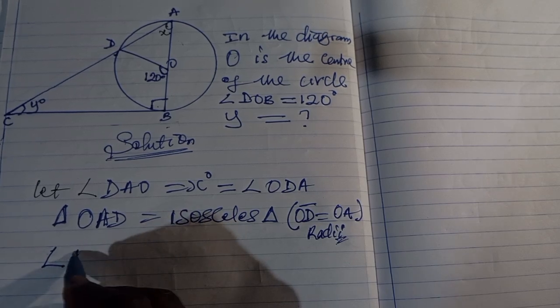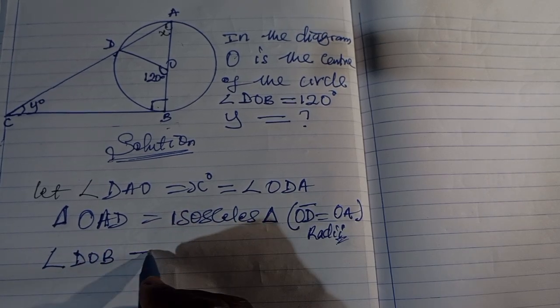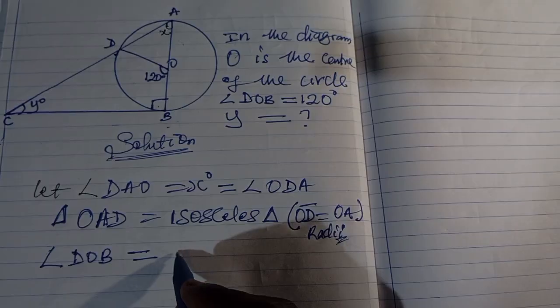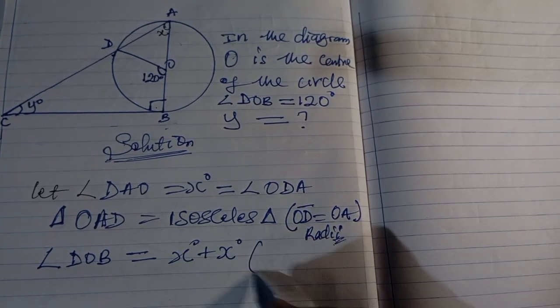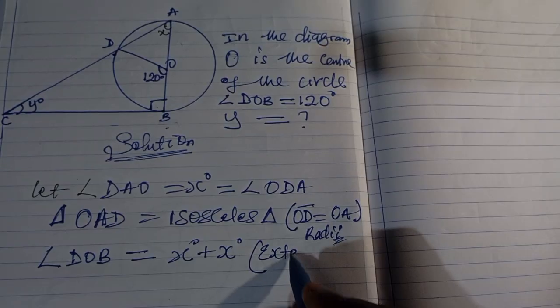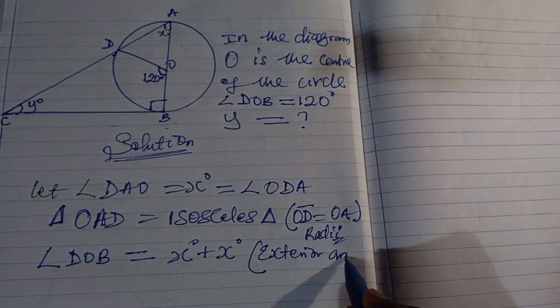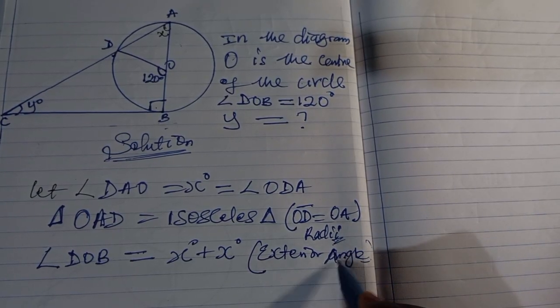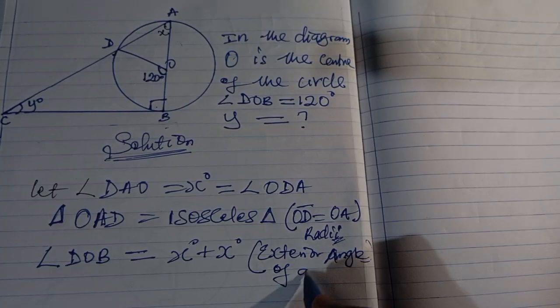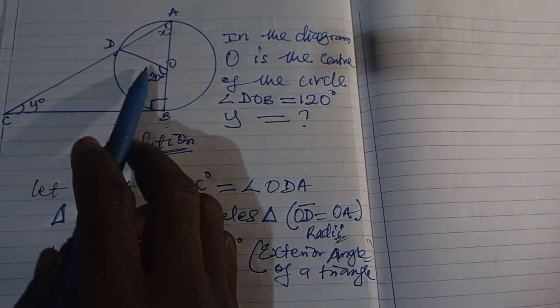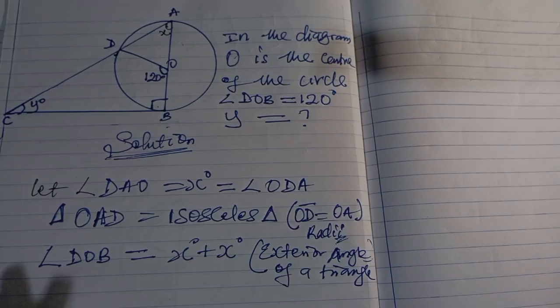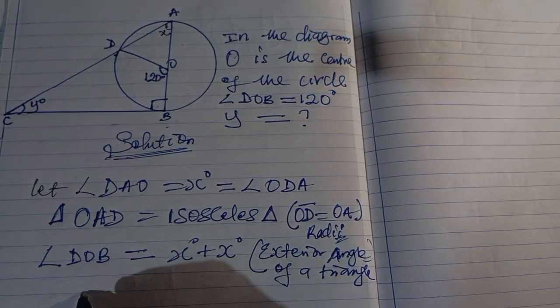Now, angle DOB is equal to x plus x. This is an exterior angle of a triangle. If you observe, you notice that we have something like this.